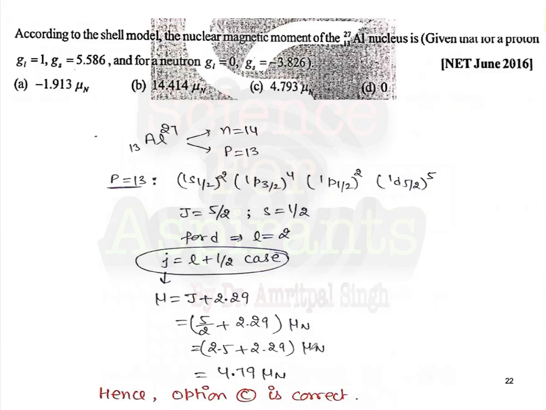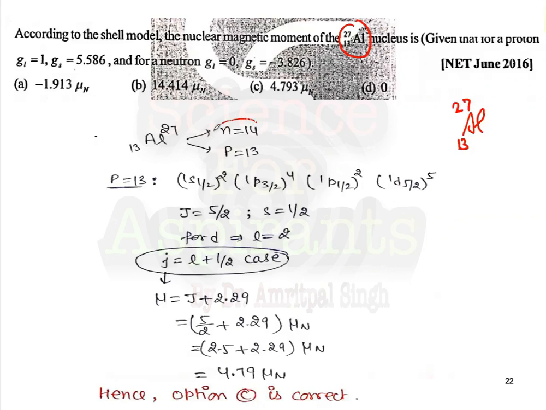So the next type of question which can be asked in competition exams is from the NET June 2016 examination. We have to find the nuclear magnetic moment of aluminium 27.